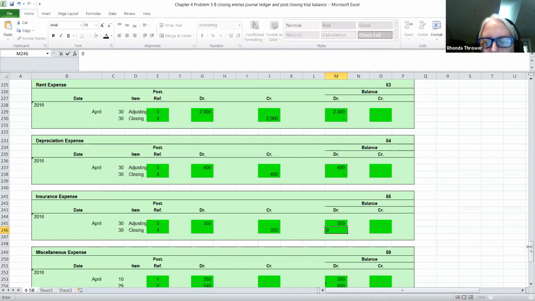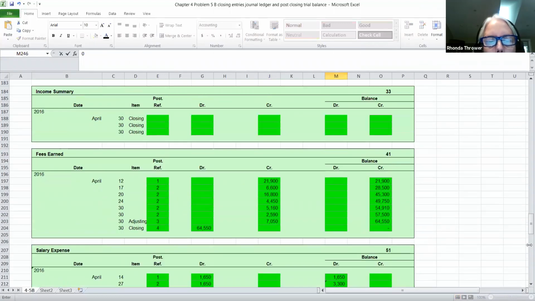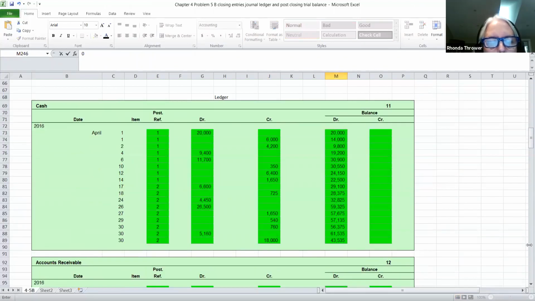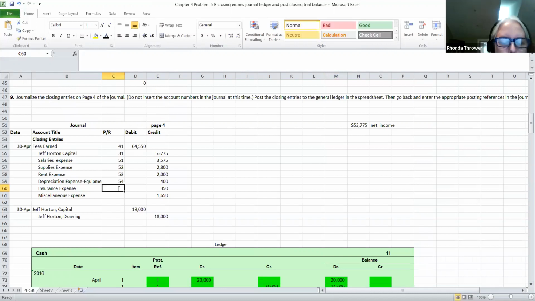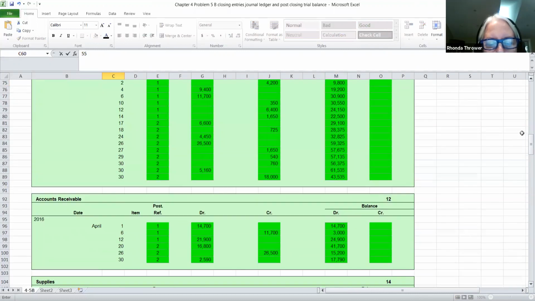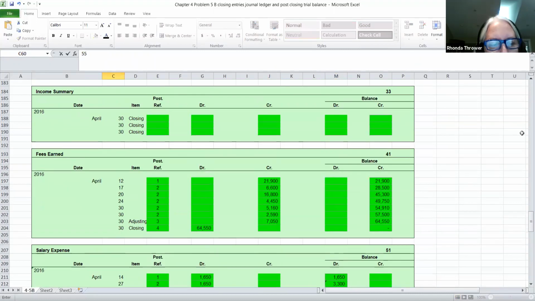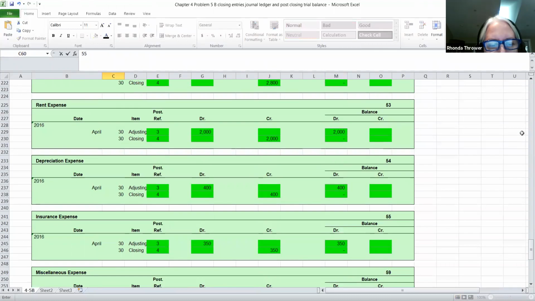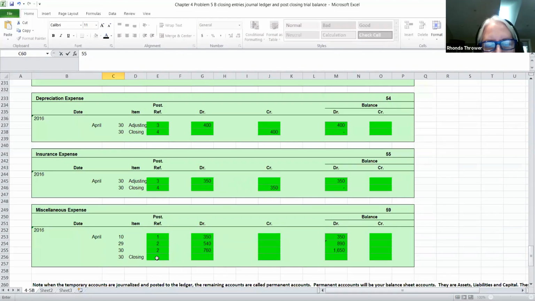And I'm going to pick up the 5-5. And then I'm going to go to my last expense account, which is miscellaneous expense. And I'll pick up the 5-9.